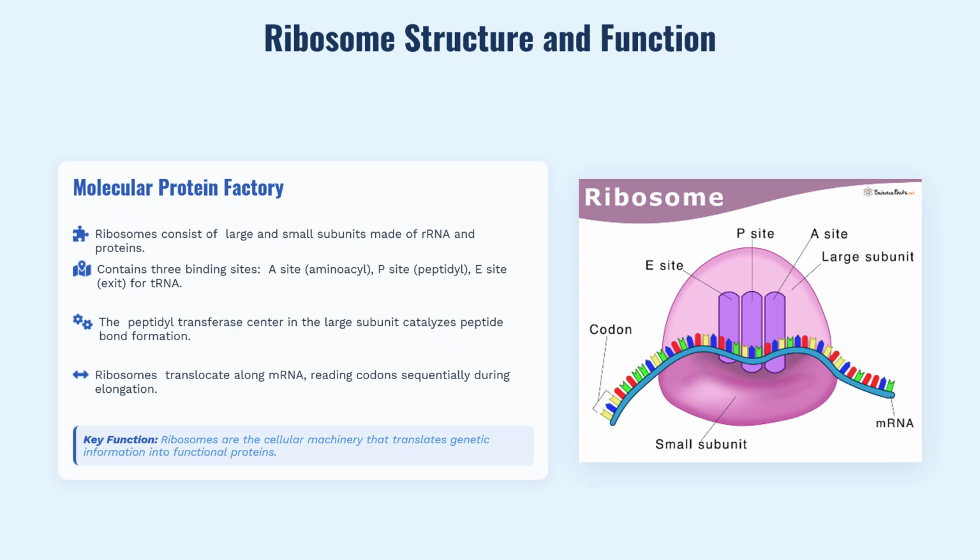Ribosomes are found free in the cytoplasm or bound to the endoplasmic reticulum in eukaryotes. Understanding ribosome structure helps explain how antibiotics can selectively target bacterial protein synthesis without affecting human cells.